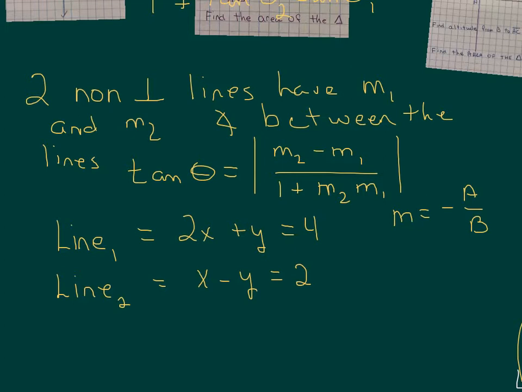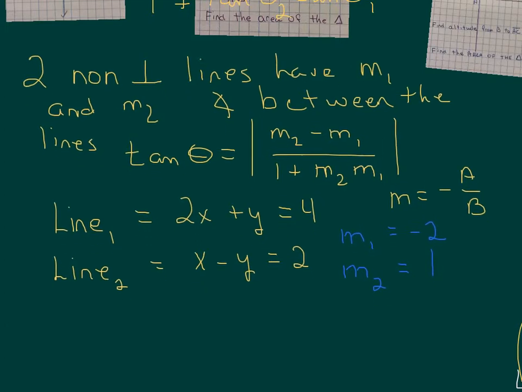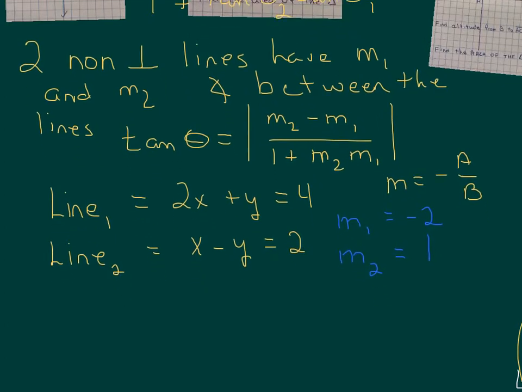So for line 1, the slope is equal to negative 2 over 1. For line 2, the slope is equal to negative 1 over negative 1, which gives us a slope of 1. And now we can simply plug that information into our formula.